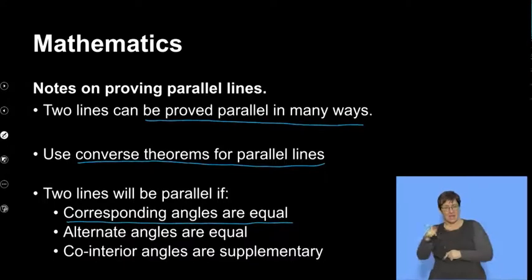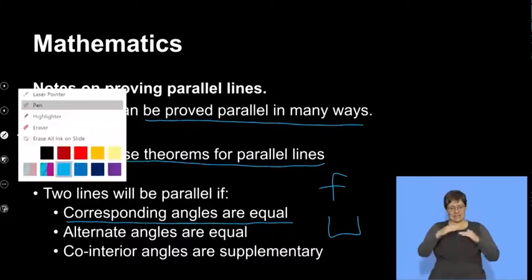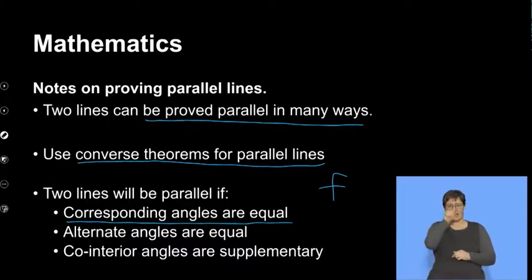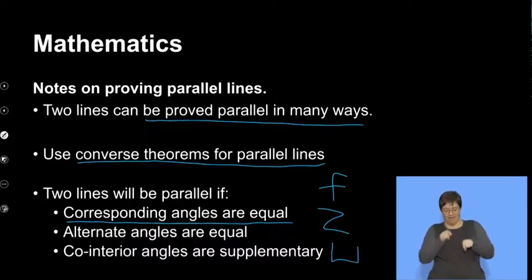The corresponding angles, remember, that's like an F shape. You can prove that the alternate angles are also equal. That is your Z shape, not your U shape. So this is more like your Z shape in the diagram. And then lastly, you can try and prove that your co-interior angles are supplementary to each other.